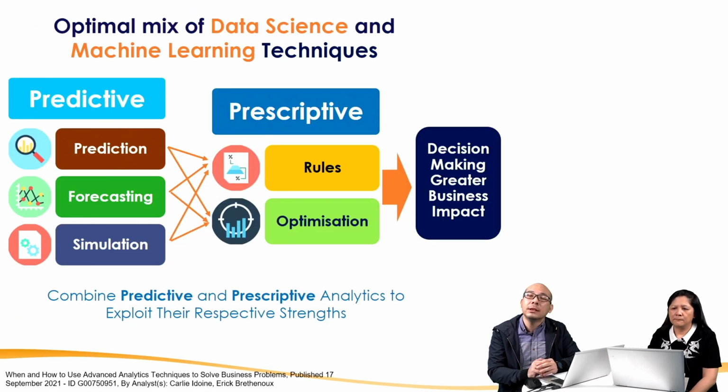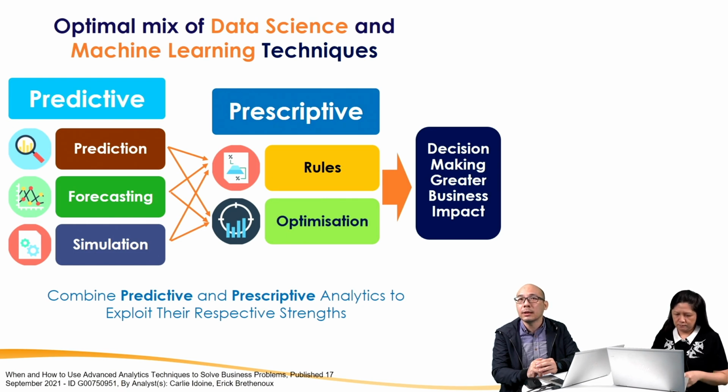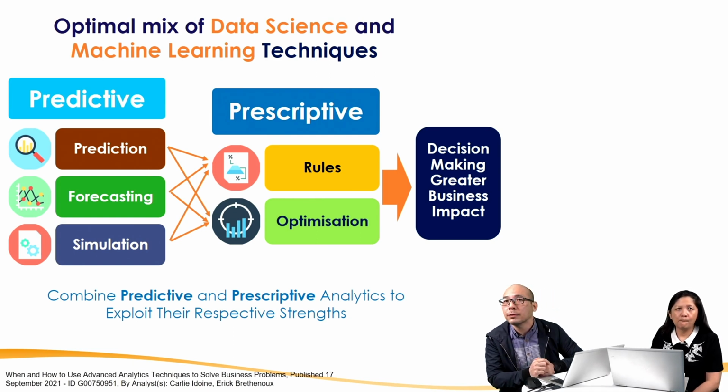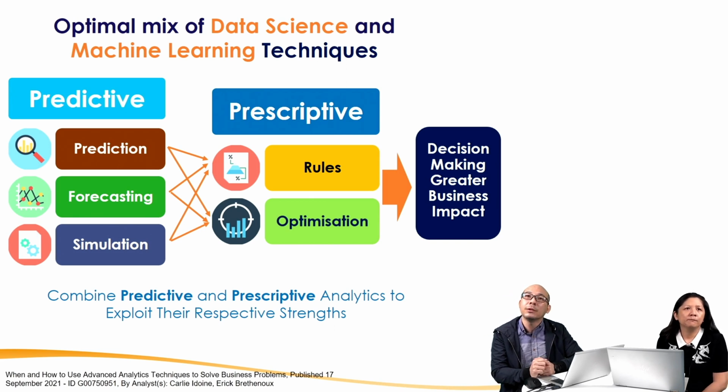So in a nutshell, in terms of predictive analytics, there are three main categories of predictive techniques, namely prediction, forecasting, and simulation. On the other hand, prescriptive analytics basically consists of rules and optimization. Typically, organizations will be able to combine the predictive and prescriptive analytics capability to exploit their respective strengths.